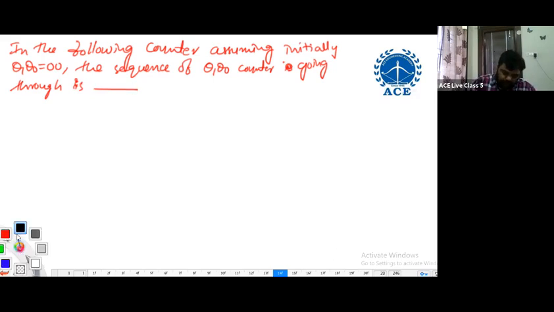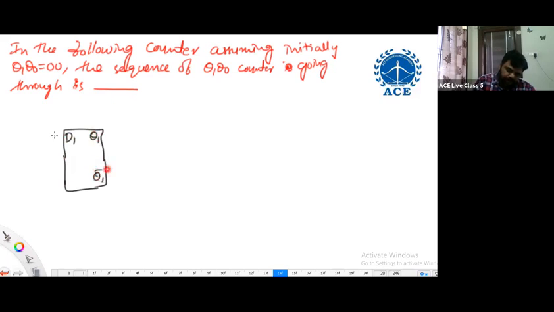The counter circuit will be given like this. For example, D1 with outputs Q1 and Q1 bar, and also here D0 with outputs Q0 and Q0 bar.